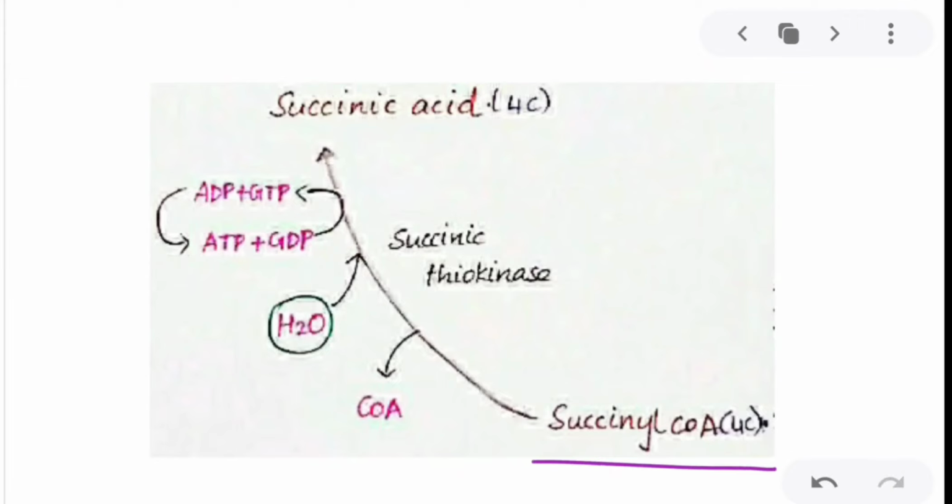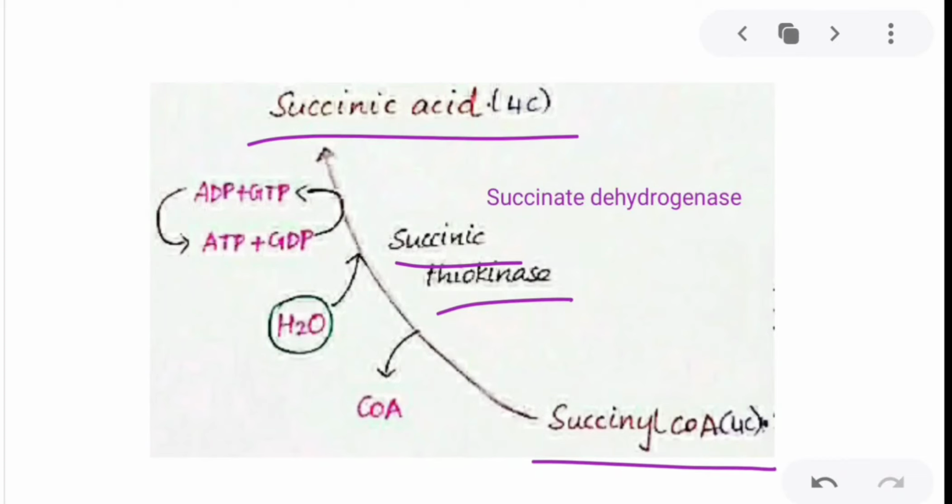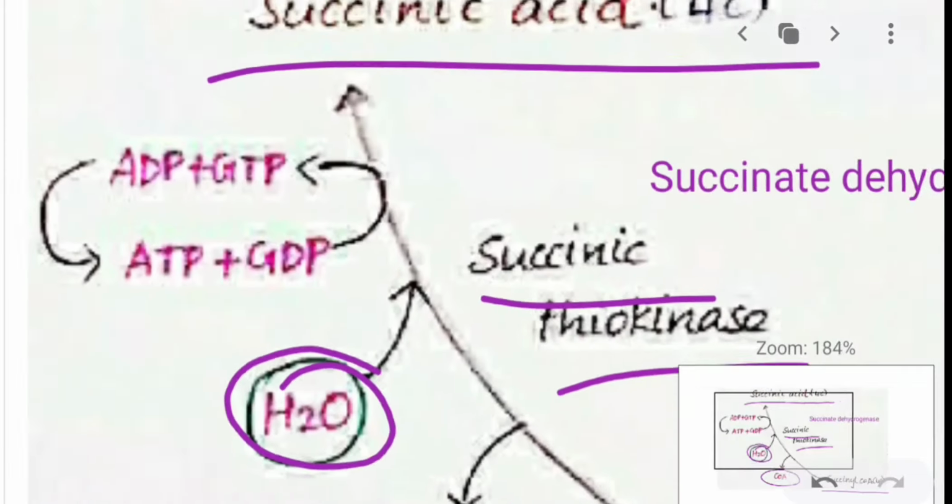So we consider this as the formation of ATP. So here ATP is formed. So finally, the succinyl-CoA, which is a 4 carbon, gets converted to succinic acid in the presence of the enzyme succinic thiokinase, or mostly called the succinate dehydrogenase. And here the coenzyme A is released, the water is added here, and there is a formation of ATP.